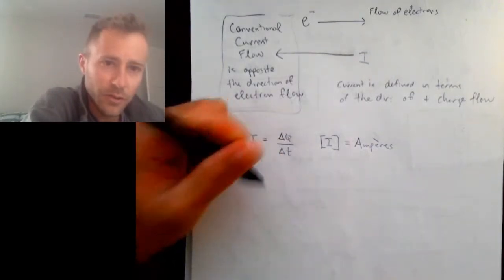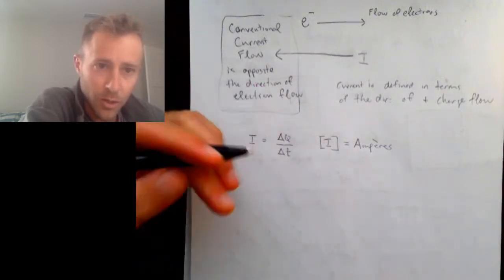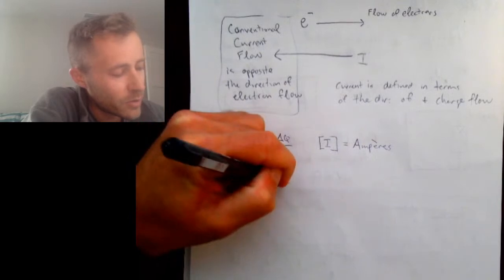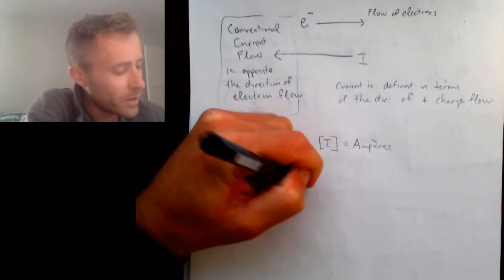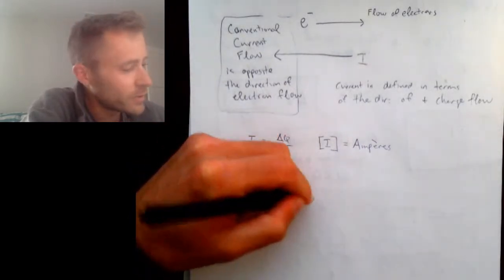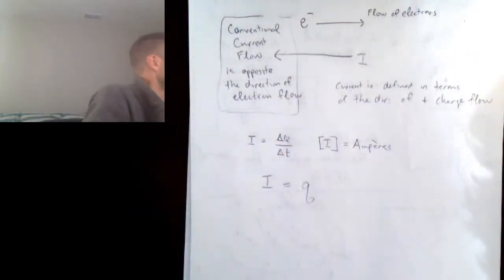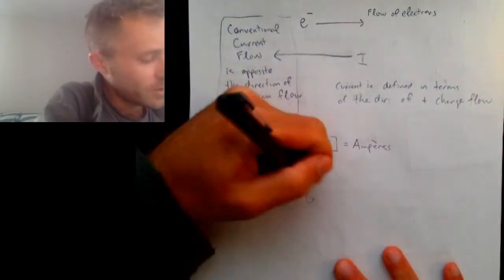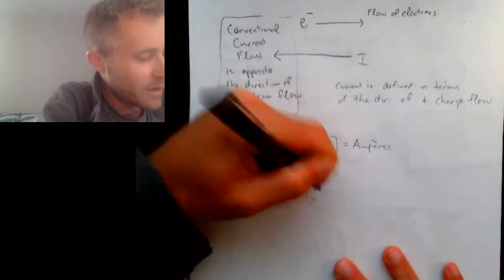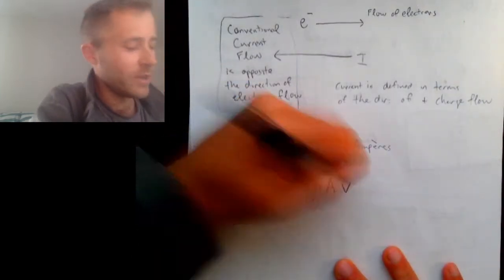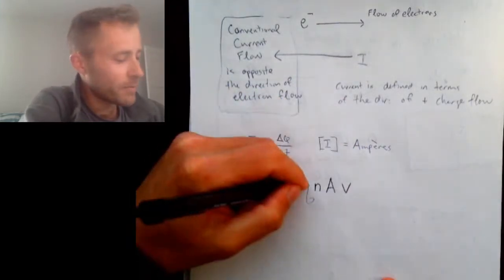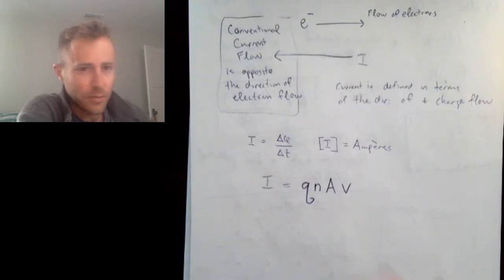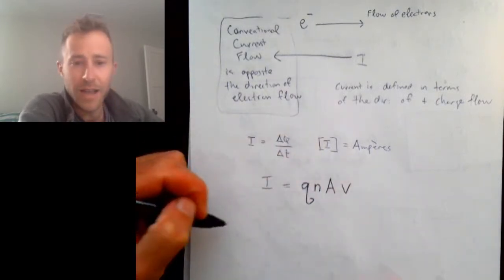And this equation really shows you what current is at the atomic level, okay? And so the equation is I equals Q N A V. Okay. So this is a description of current at the atomic level.